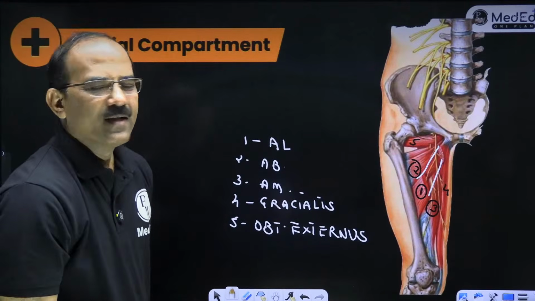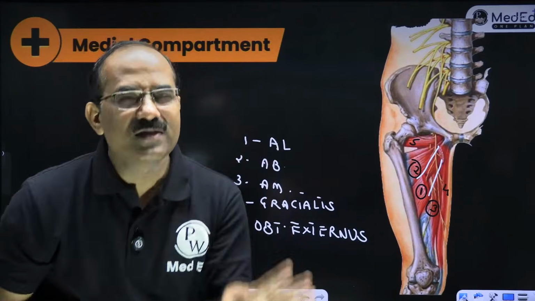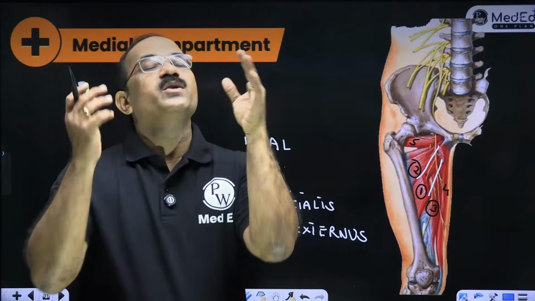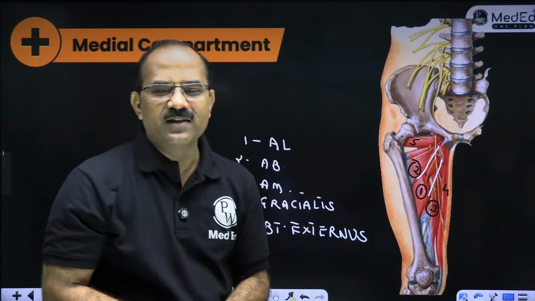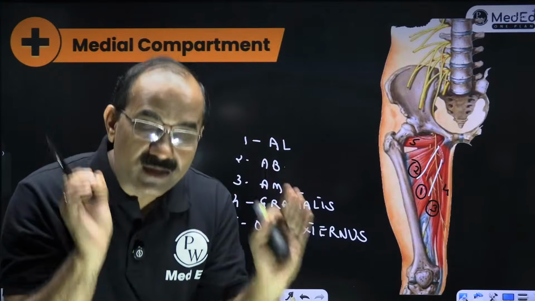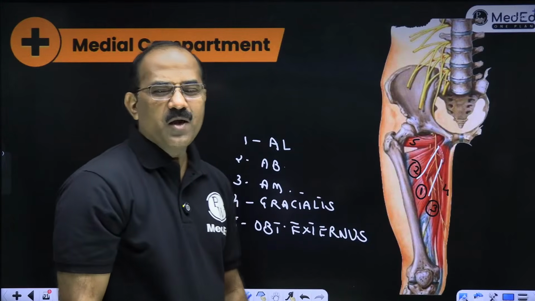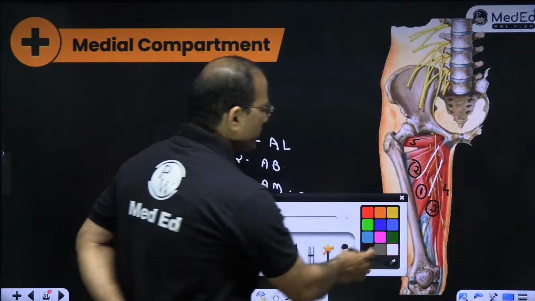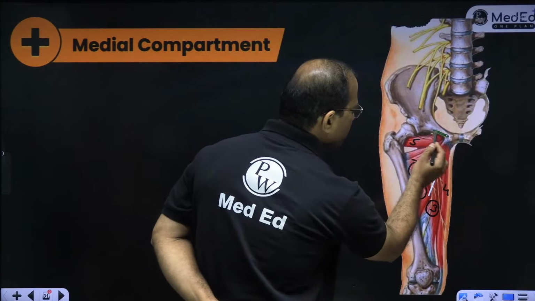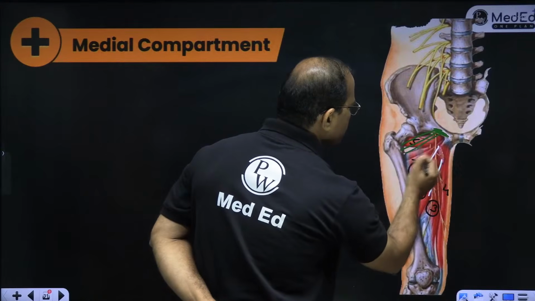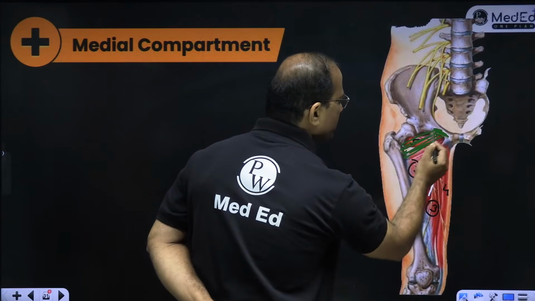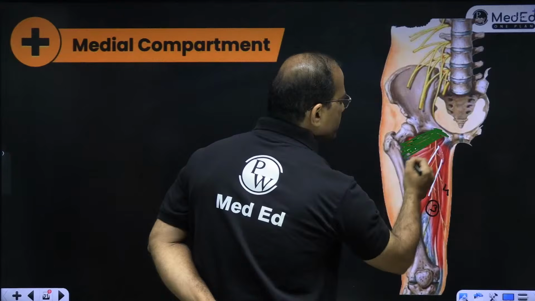That's okay. 5 is obturator externus, but बच्चों, you cannot see the obturator externus. Obturator externus नहीं दिखता है. Why? Because someone is covering the obturator externus. Can anyone tell me what is this muscle which was beginning from here? ये obturator externus को cover करता है.